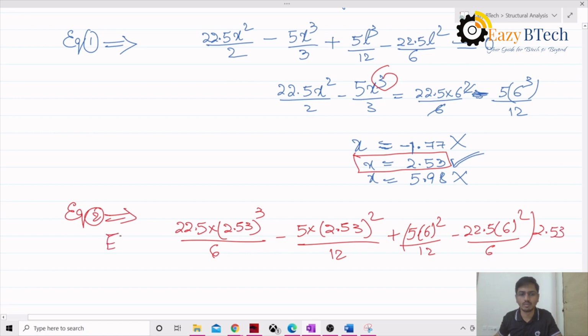So this is EIy. Solving this, we get y value 70.6 by EI.